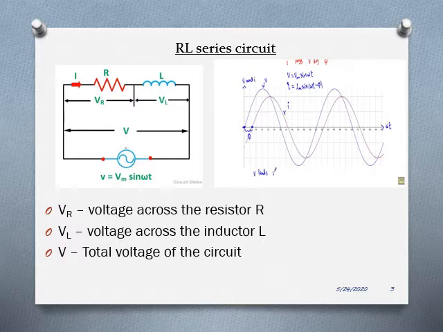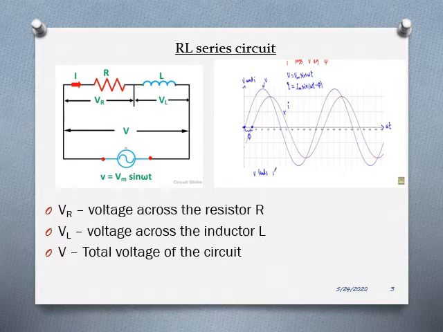Since there is a voltage source, a current I will be flowing through the circuit. The same current flows through R and L. The voltage across the resistance is given by VR, and the voltage across inductance is given as VL.